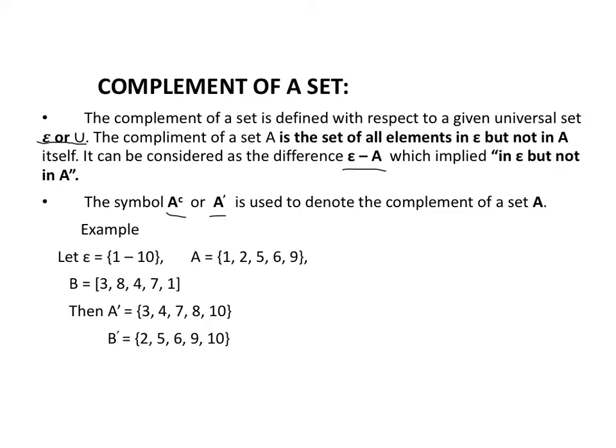Then A prime, that is complement of A, are the elements that are in the universal but not in A. When you list the elements of the universal set, you have 1, 2, 3, 4, 5, 6, 7, 8, 9, 10.